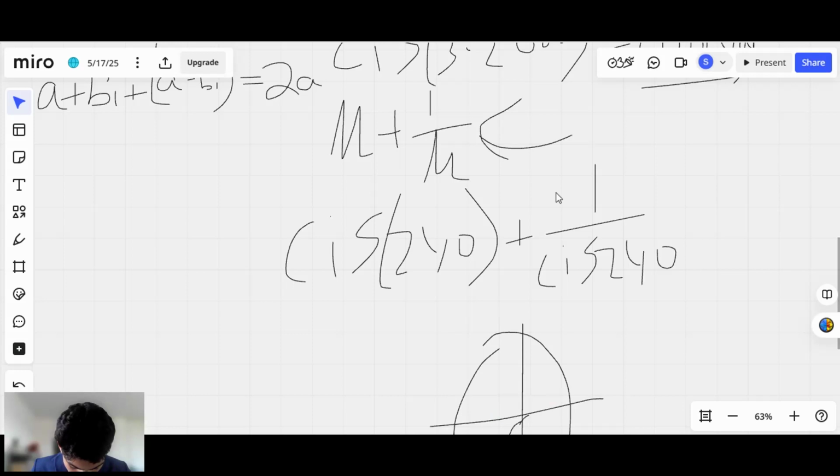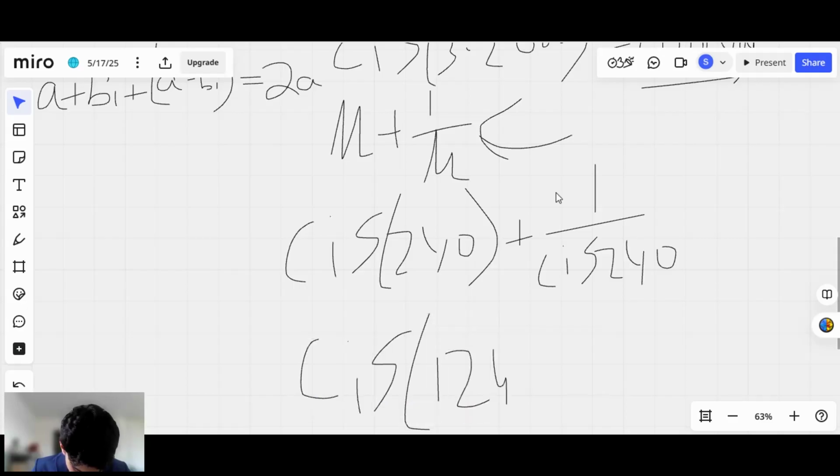So that means that we're essentially going to be going 240 degrees in this direction. All right. So we know that 240 minus 360 is negative 120, so the resultant is 120 degrees in the opposite direction. So in essence, the question is asking what is cis of 120 plus cis of 240.